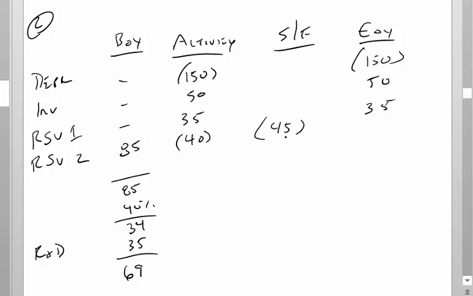Okay? So the total of the activity is 195, 105, 40%, that's 42. So, my credits, I started with 35, where do I end? 0, right?